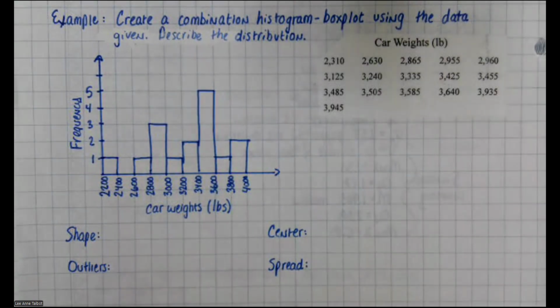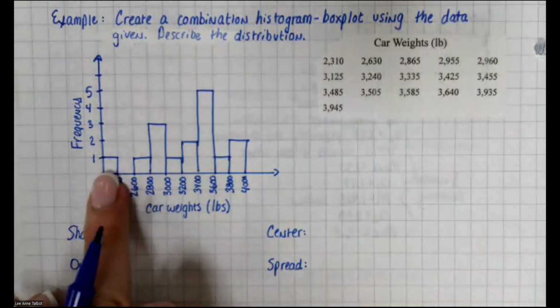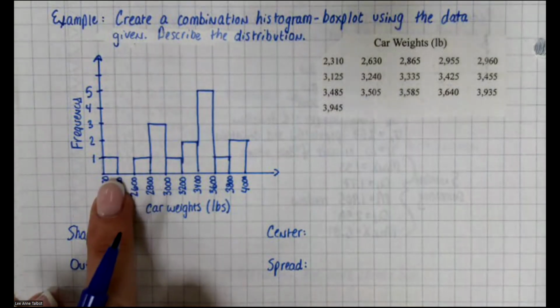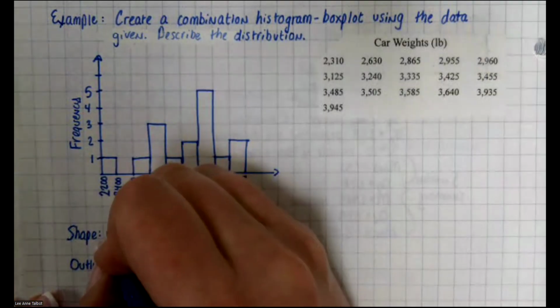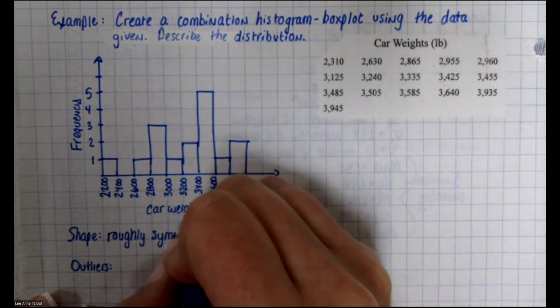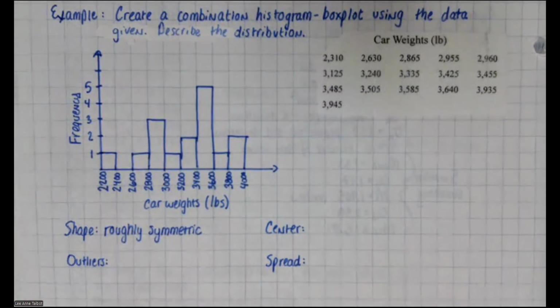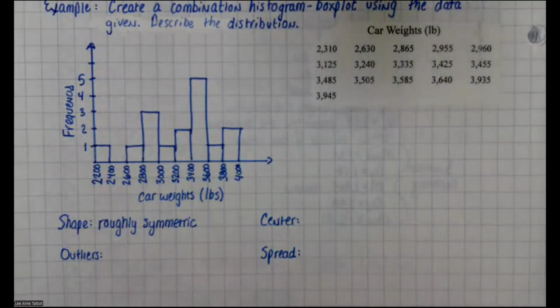I was going to say roughly symmetric. Okay, I see what you're talking about over here with the possible tail. I don't know. This one is a weird one for sure. Okay, you guys can go back to your regularly scheduled activity.